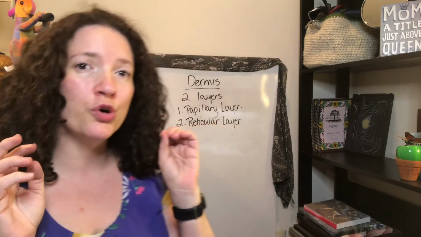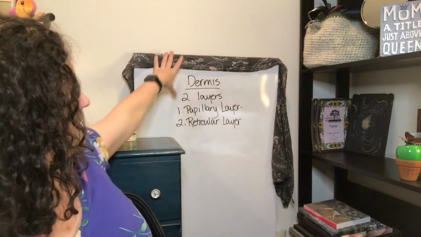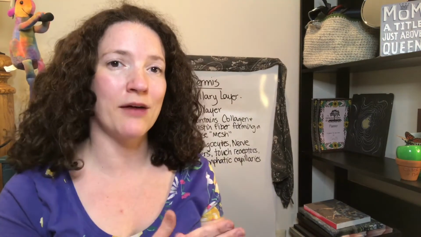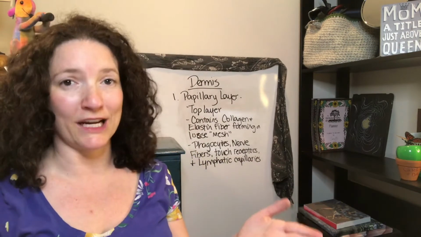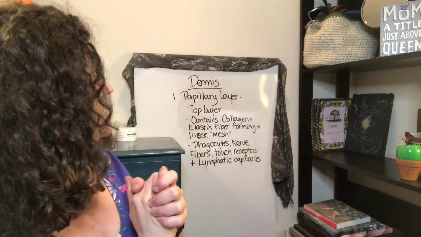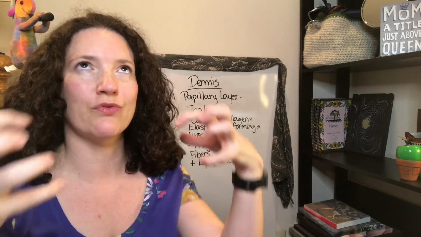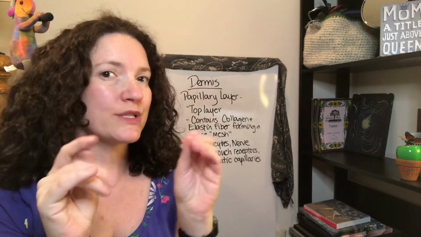We have 2 layers to the dermis, the papillary layer and the reticular layer. The papillary dermis, which is the top layer, contains collagen and elastin fibers which form together to create a loose mesh, right?